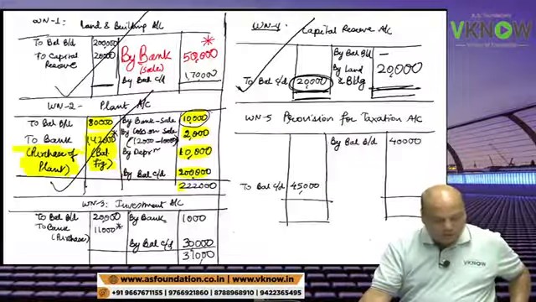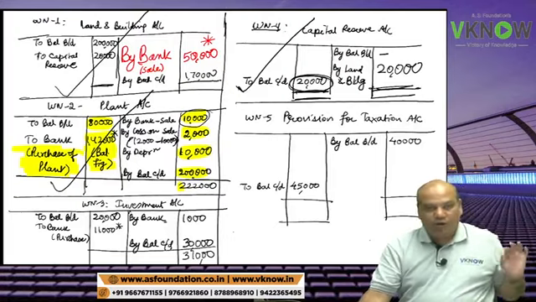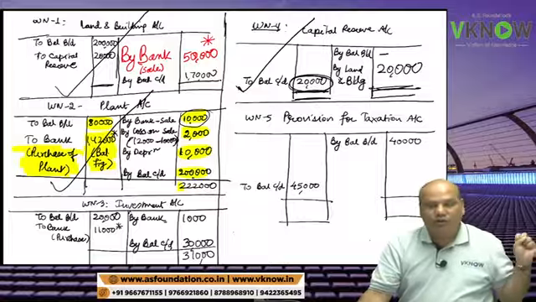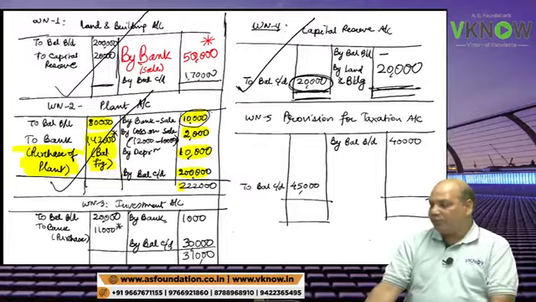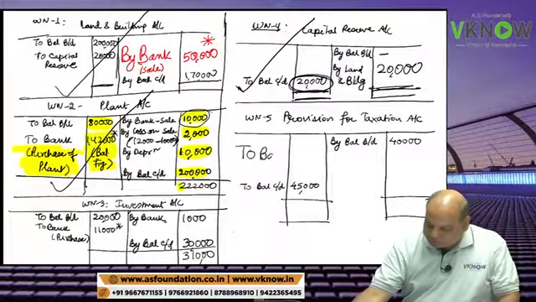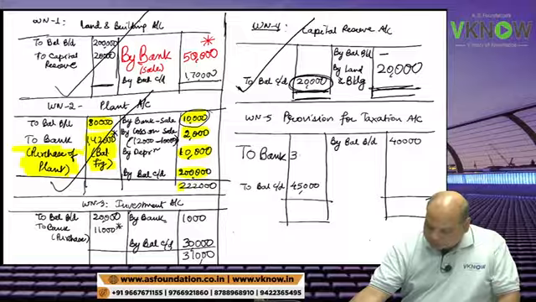Now the last point is income tax paid during the year is rupees 35,000. Entry for income tax paid, on the screen, working note 5. Provision for taxation account debit to bank 35,000.